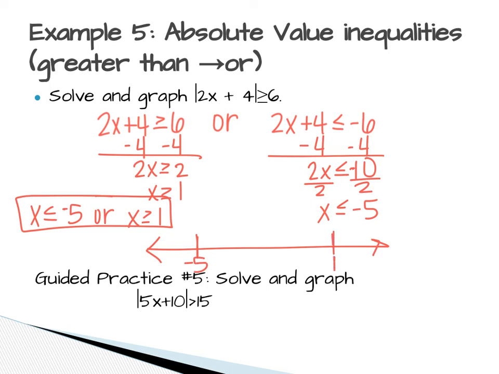You can put all the numbers in the middle, but for time's sake, I'm going to not. We put a closed circle because it's greater than or equal to, and shade all the numbers greater than 1. And then it's less than or equal to, so we're going to shade all the numbers less than negative 5. Since it's or, we're shading on the outside. That's not always true, but it's a good rule.